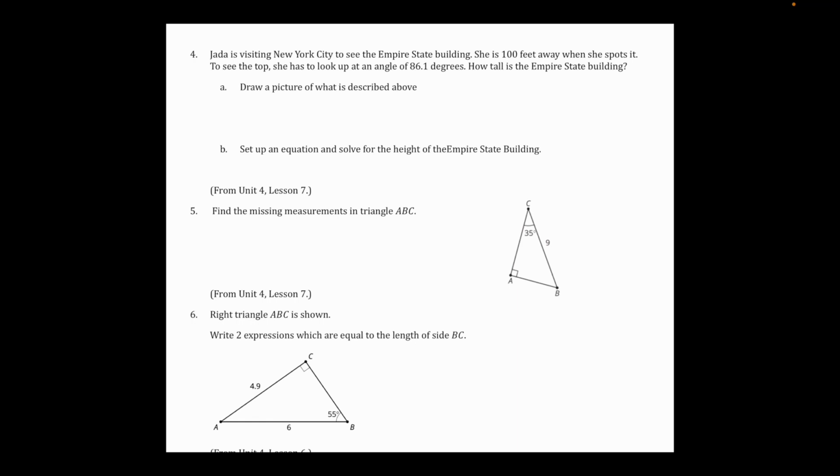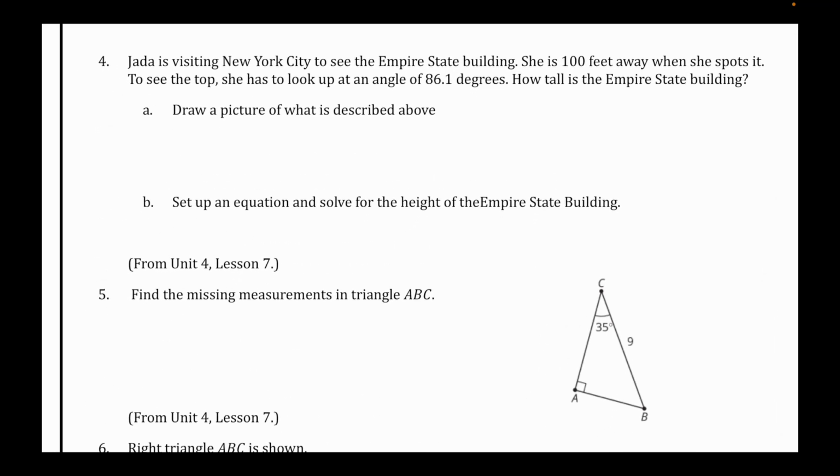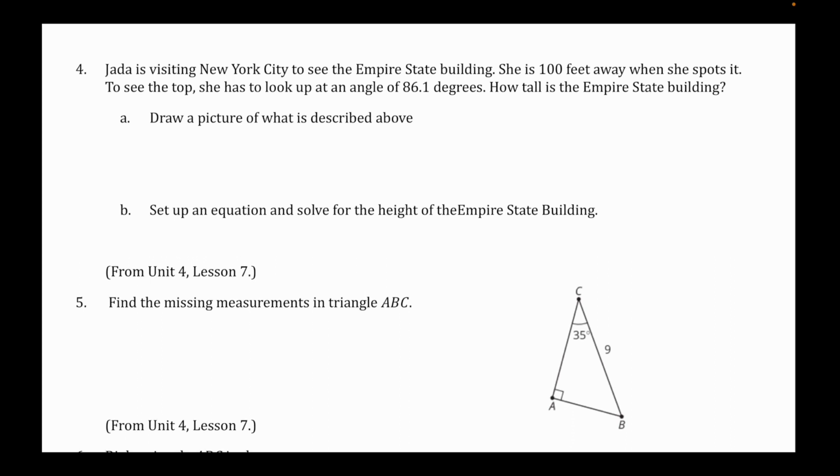First, we're going to draw a picture. 100 feet in comparison to the height of a very tall building is not very much. So if I have Jada, we'll draw a little picture here in blue. So if I have Jada standing here, she is obviously not going to be to scale. She's not going to be very far from it.